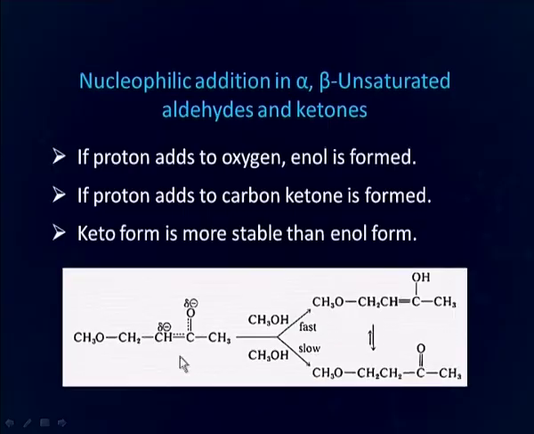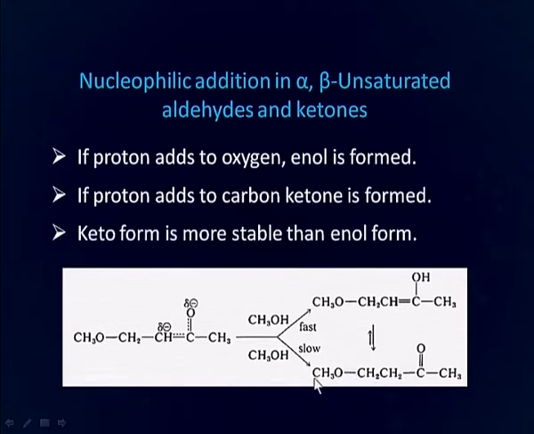The product is formed from enolate intermediate by proton transfer to either carbon or oxygen, as has been shown in this figure. This is the enolate anion. When there is addition of proton at this oxygen, then this product is formed, and if proton is transferred on this carbon, then this product is formed.